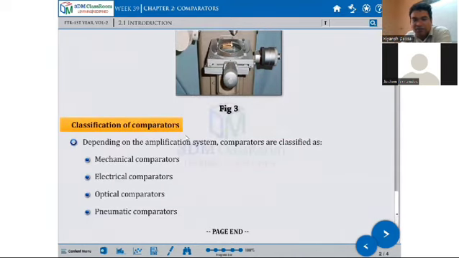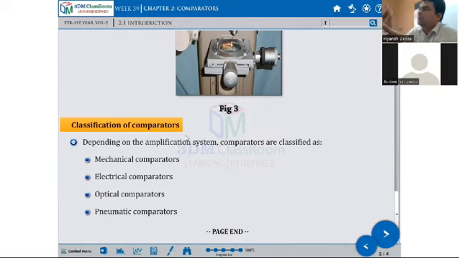So now this classification of comparators: depending on the amplification system, comparators are classified. Now, what amplification system is used, lens is used, or something else is used, accordingly comparators are designed. Now here, mechanical: the mechanical plunger movement, the linear motion is converted to rotary motion. Coming to gears, the plunger is similar.